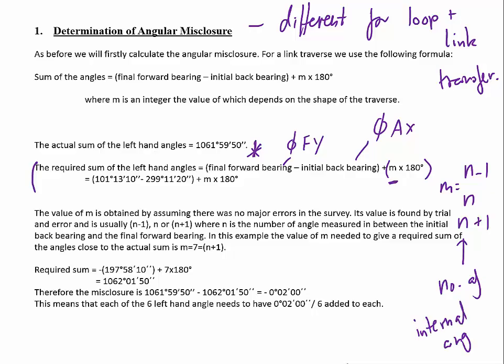Now in the example we've gone through, we've got 6 internal angles. So m is either going to be equal to 5, 6 or 7. So what you do, you take this equation, you plug in 5, 6 or 7, and what you're looking for is to match the left and right hand sides so that they have a very close reading in degrees. The degrees reading should match.